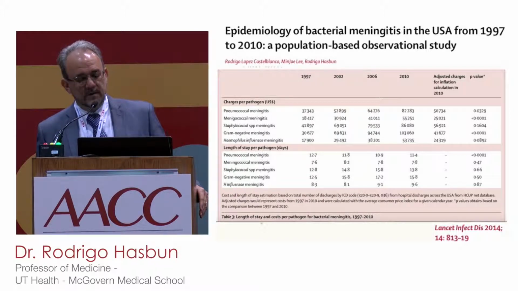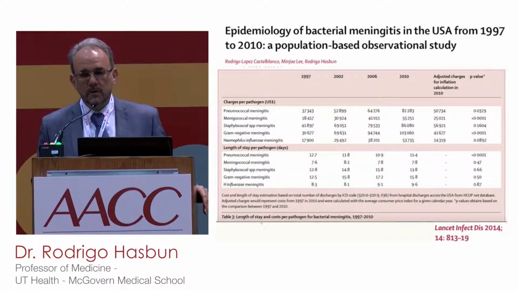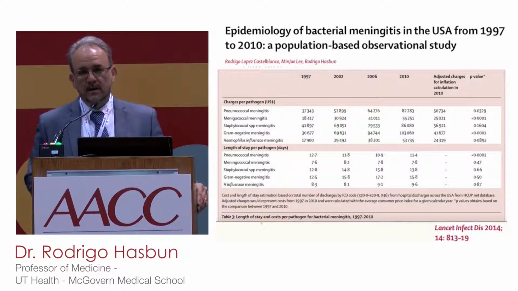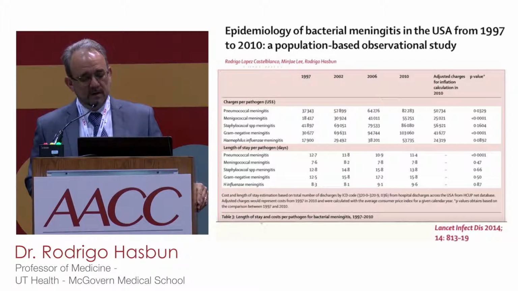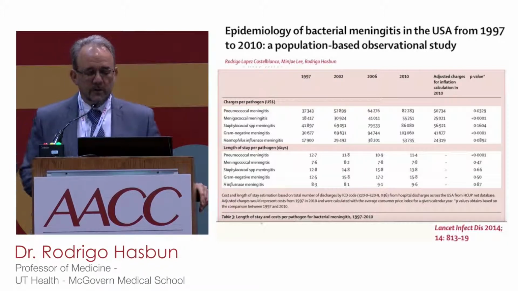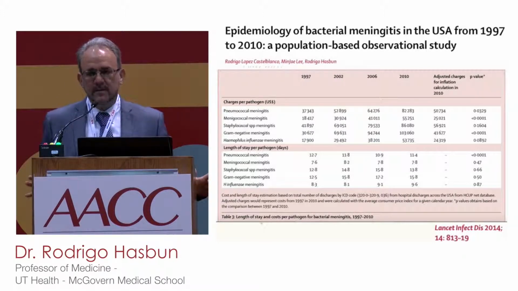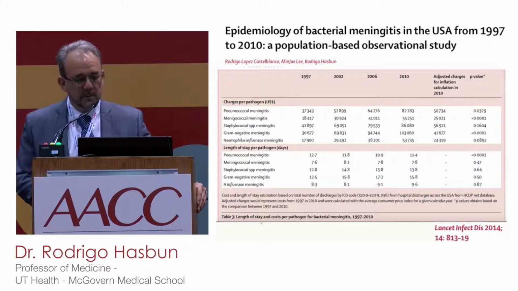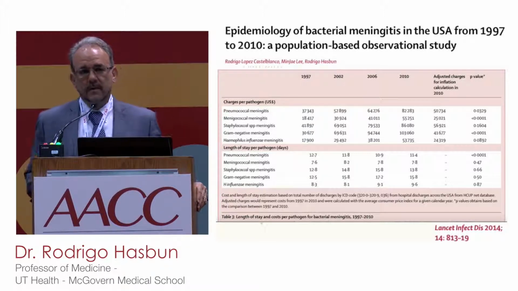In 2010, you can see gram-negative, because a lot of those patients are nosocomial meningitis and they're very sick and they're in the ICU with craniotomies. Staph aureus, also $86,000. So the cost of taking care of bacterial meningitis is around $80,000 to $100,000 per hospital admission.